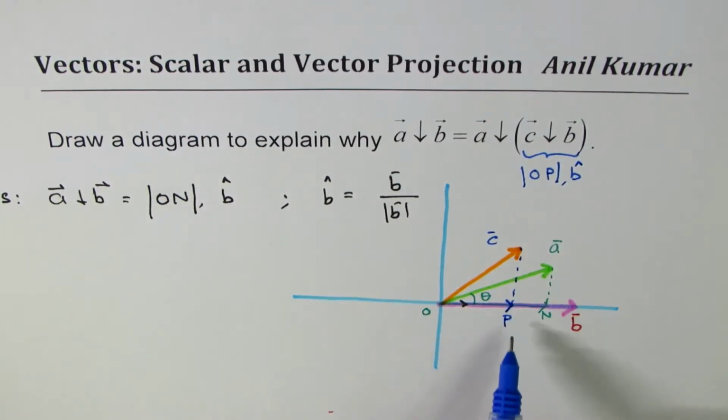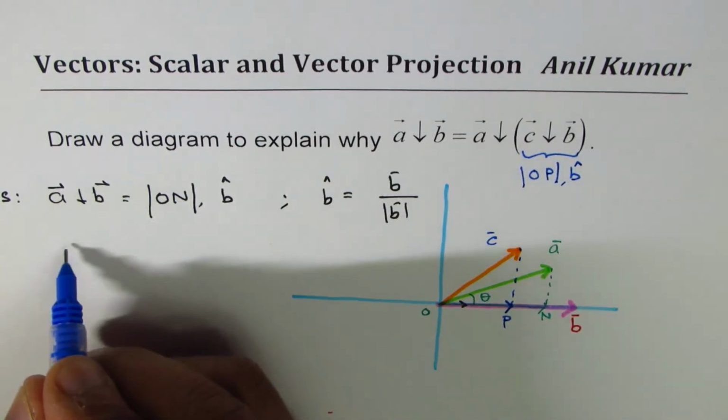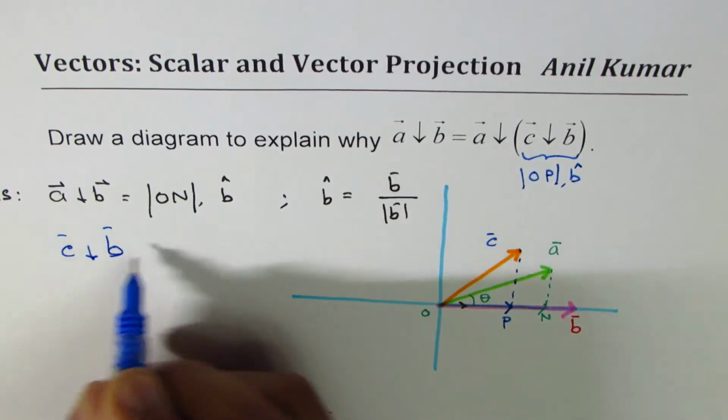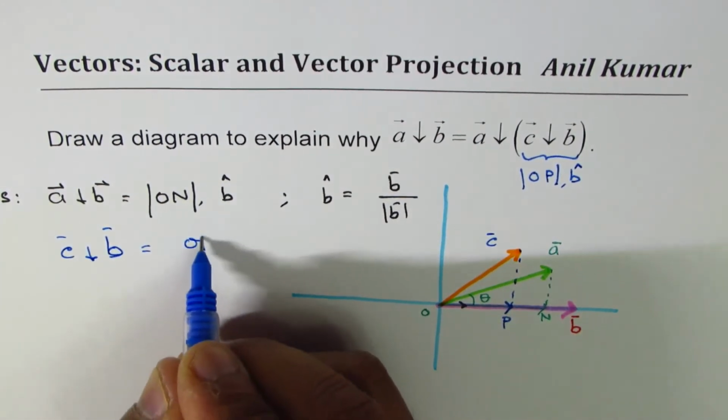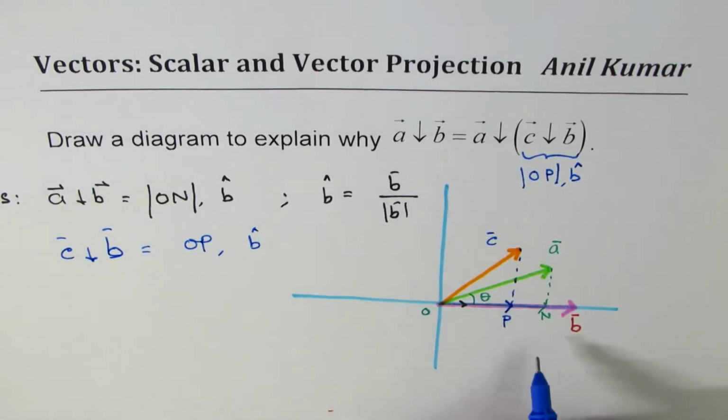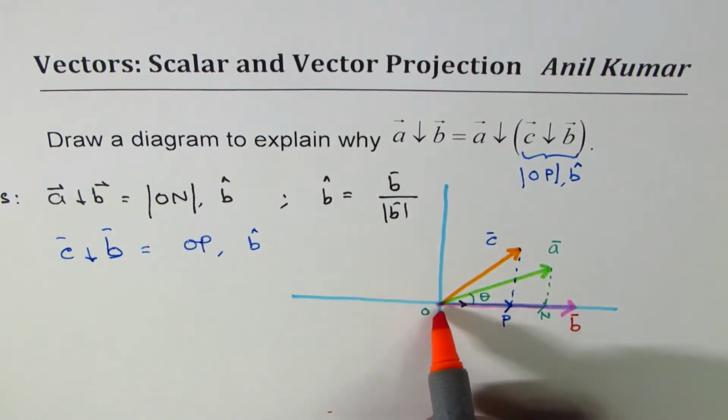Perfect. So what we have here is that the projection of C on B is OP, and it is in the direction of B, which we could represent as this.